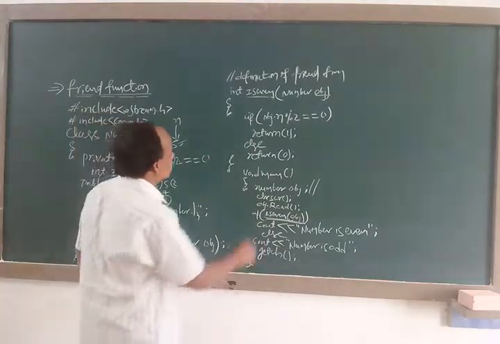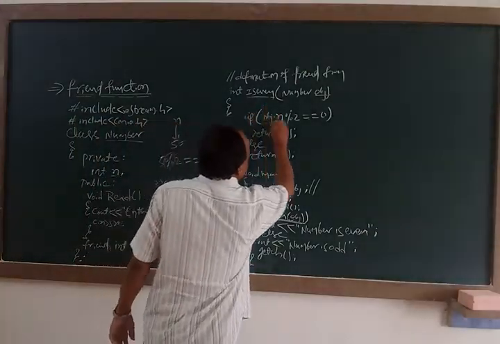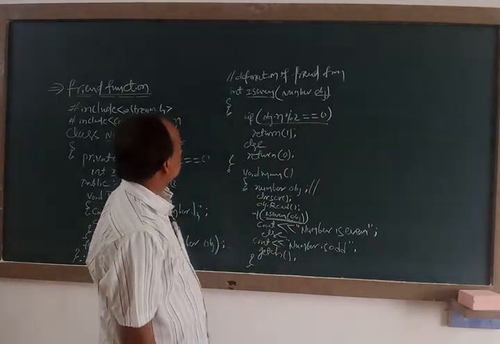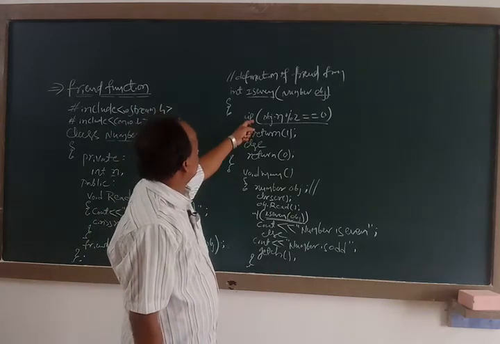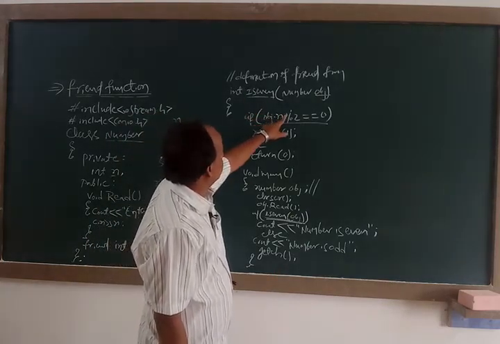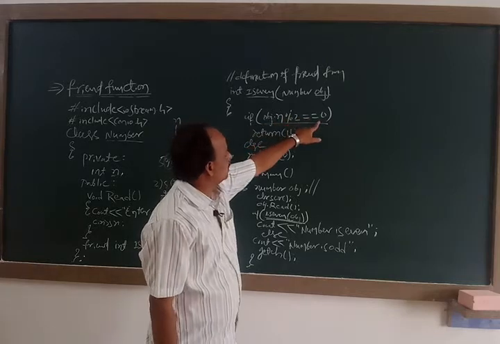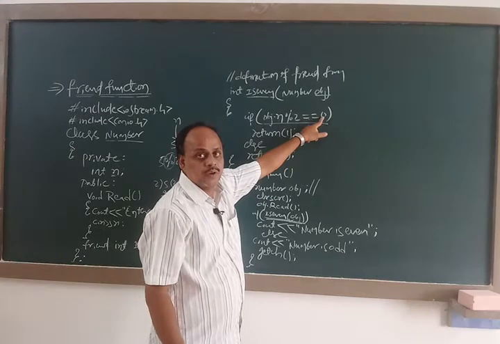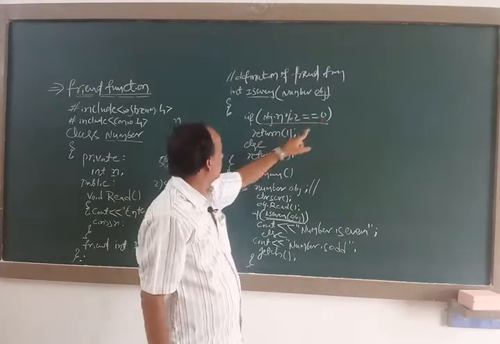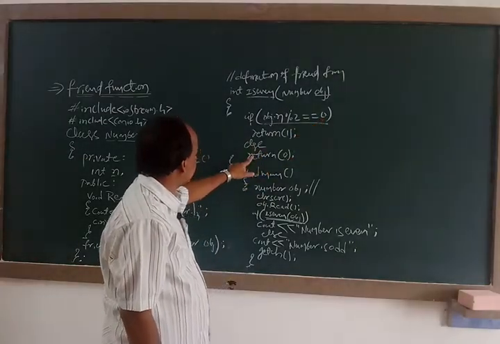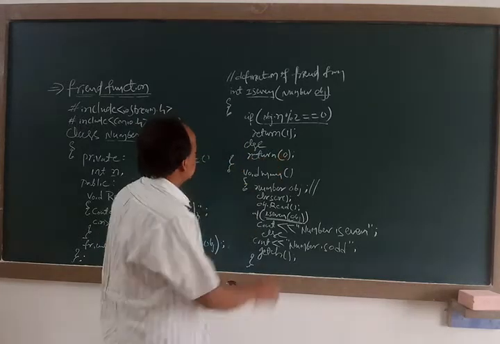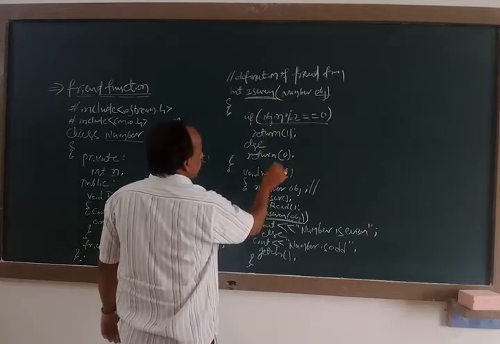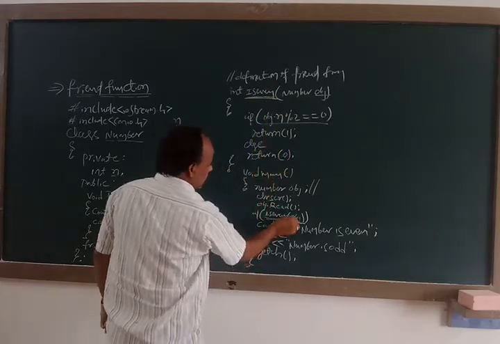So 1 is equal to 0? No. If obj.n mod 2 is equal to 0 means 1 is equal to 0, the double equals compares. No means else, and else means return 0. So this is_even function returns 0 to here.